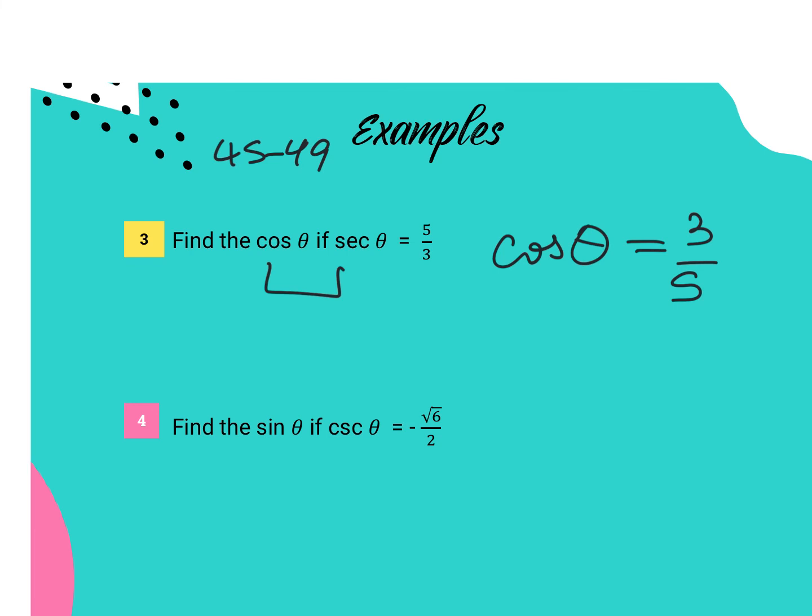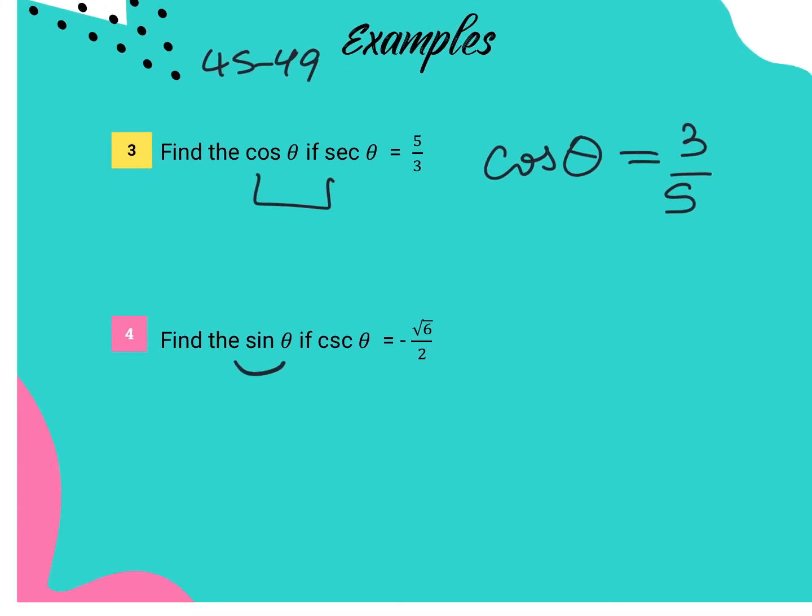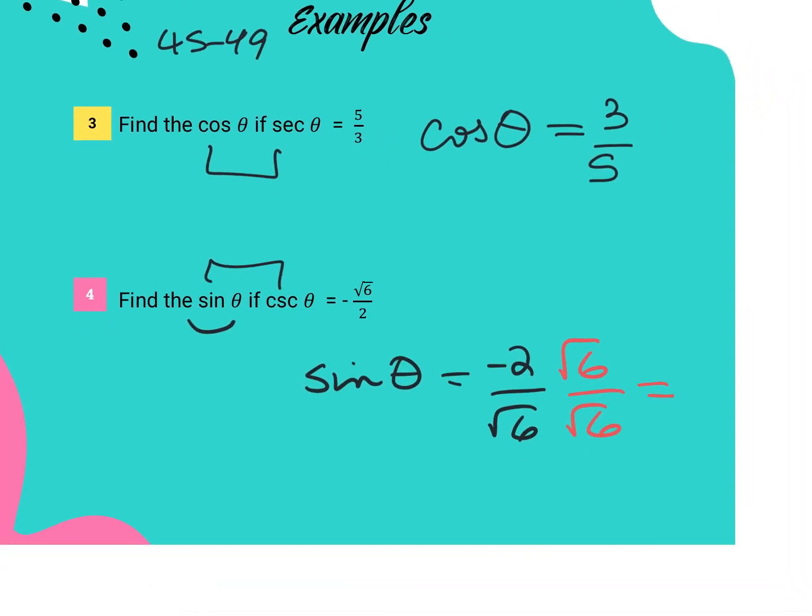Next one, it wants us to find the sine of theta given cosecant. Again, these are reciprocals. So to do sine, I'm going to flip it, but here's where I need to rationalize. Because remember, we can't leave that radical in the bottom. So we're going to rationalize by multiplying the top and the bottom by square root 6. And I get -2 square root 6 over 6.